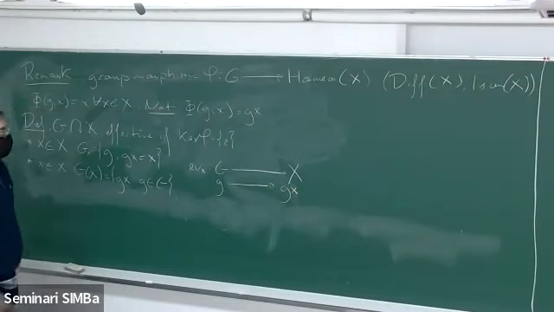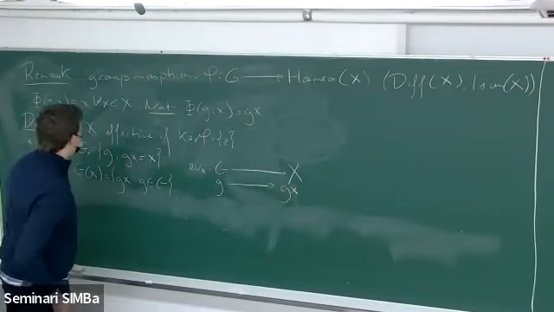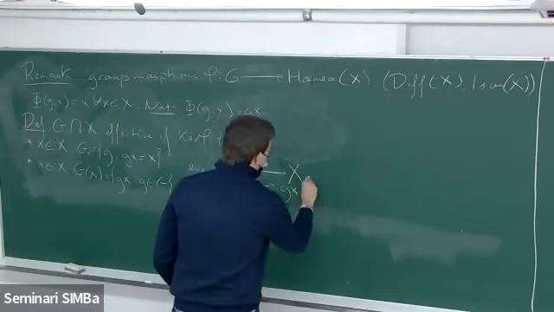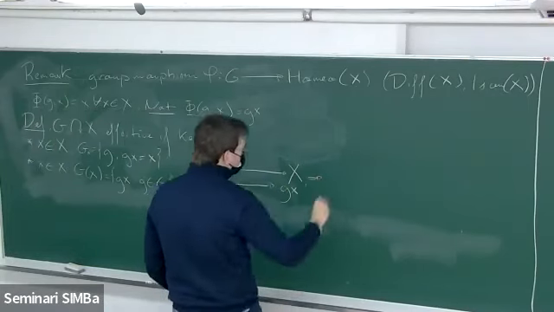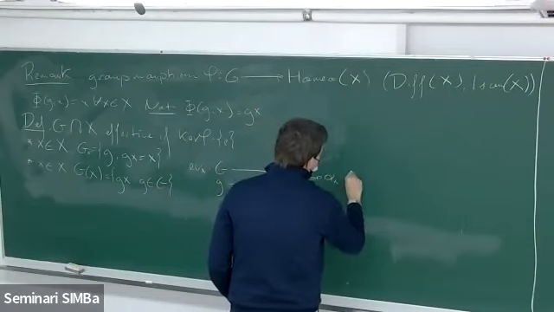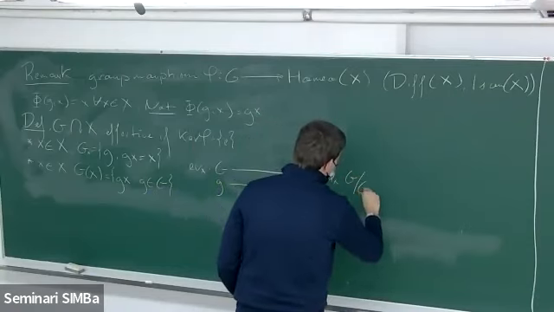Well, this is not surjective in general because we can have elements that fix the point. So what we usually do is define a map that goes from the coset space.